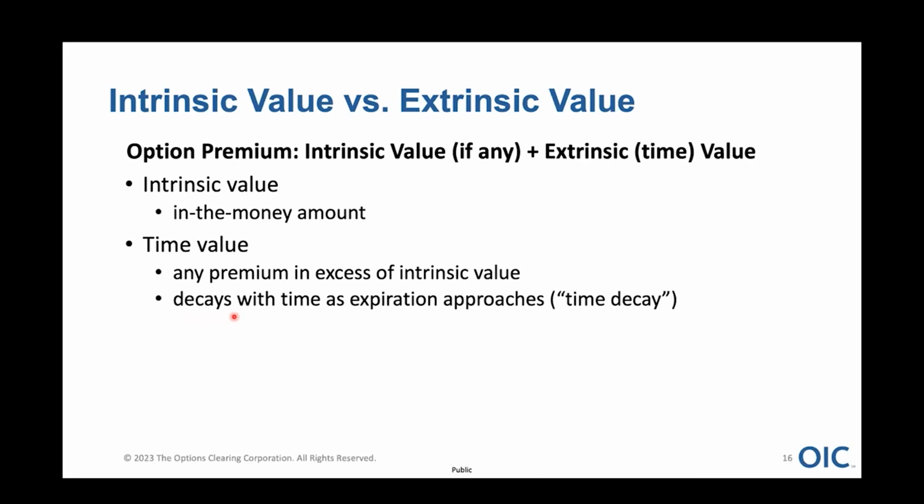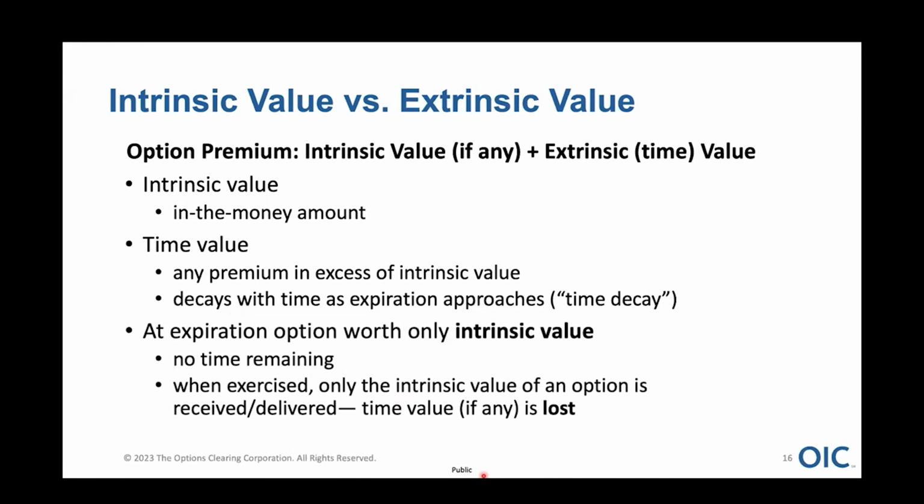That option would be $5 in the money. And we look and see maybe the option that expires in a month is trading for $6. Well, we know that option is $5 in the money, so $5 of that $6 is intrinsic value. The remaining dollar would be considered time value or time premium or extrinsic value.